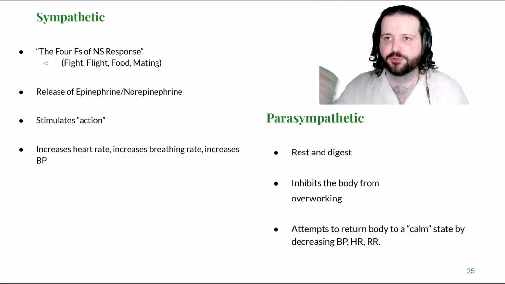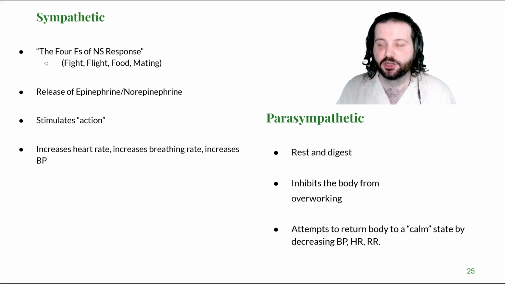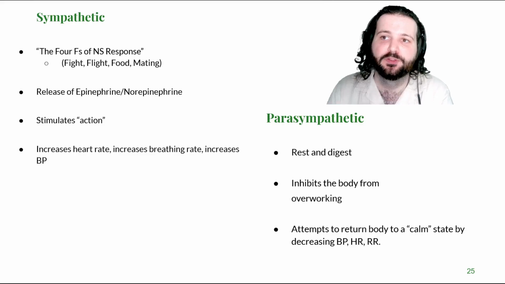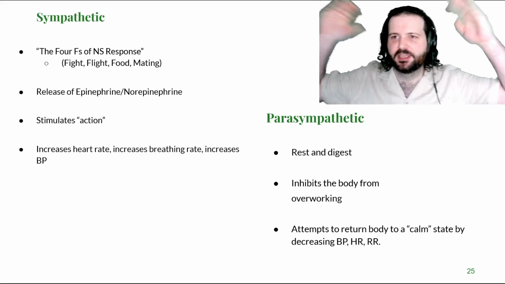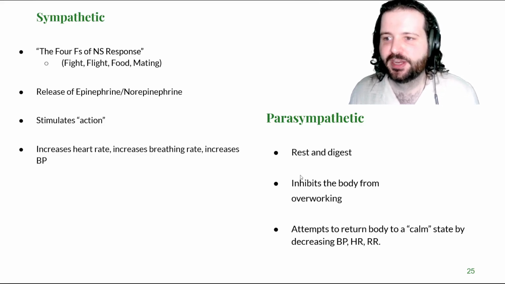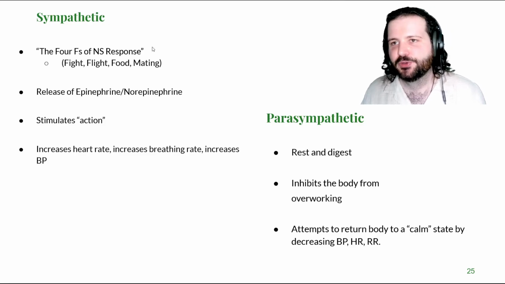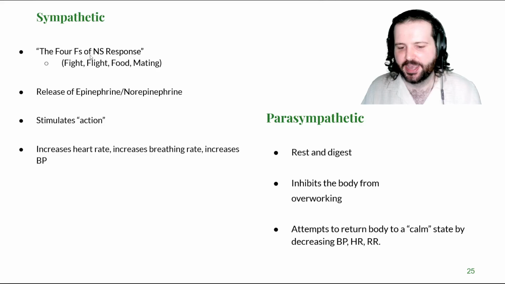This is when you have an adrenaline rush. Your central nervous system releases adrenaline and you get agitated. You start to go into what we call fight or flight. And so this is all stuff that keeps us elevated. So we say the 4 F's of sympathetic nervous system response are flight, fight, food, and mating, right? That's all the stuff that gets people agitated and going, okay?